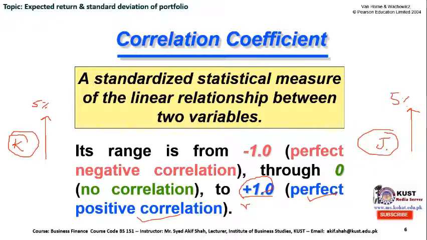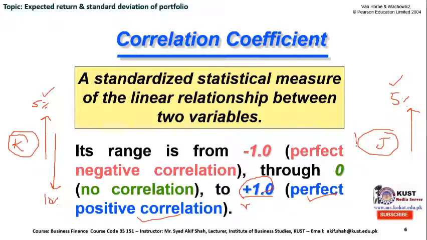So financial managers are well-equipped and know that investors' prime motive is not to select securities for portfolio management which have perfect positive correlation. The reason behind this is, if there is an increase of 5% at the end of the year in stock K, then no doubt there will be an increase of 5% in stock J. But what if there is a decrease of, let's say, 10% in stock K at the end of the year?